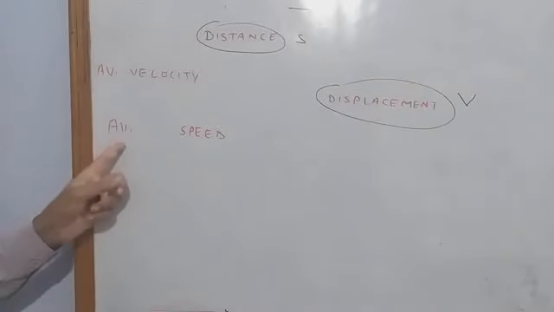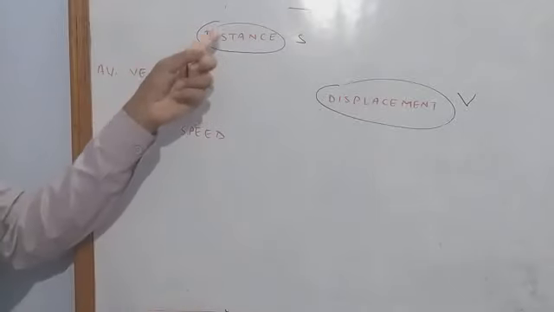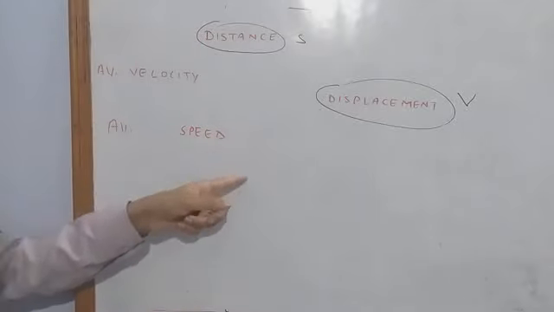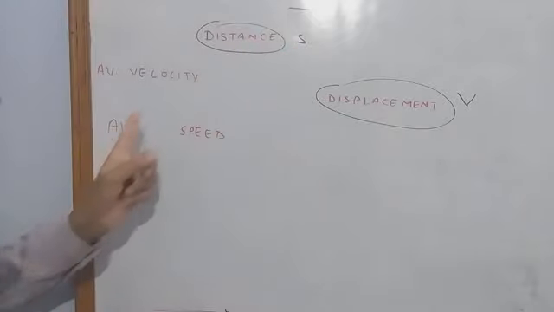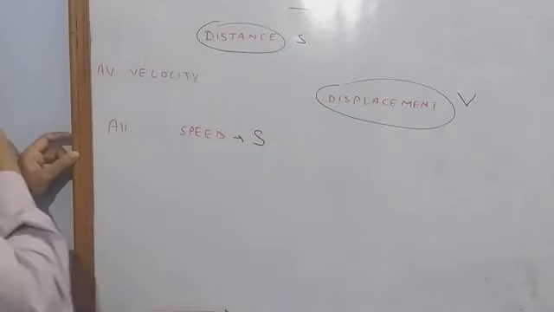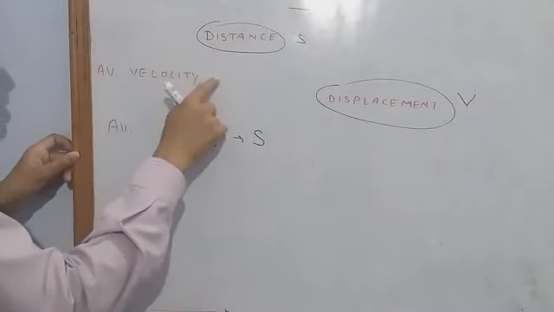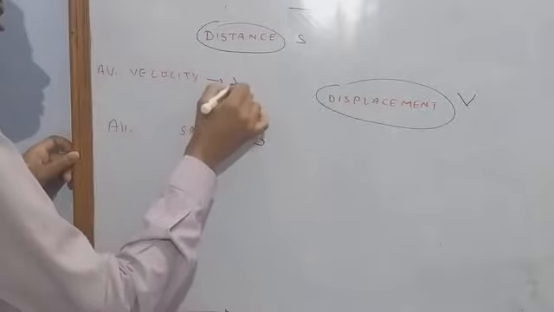Now in the formula for average speed, we have distance or displacement? Average speed is distance by time. Distance was a scalar, that's why average speed is also scalar. Displacement was a vector, therefore average velocity, which is displacement by time, will also be a vector.